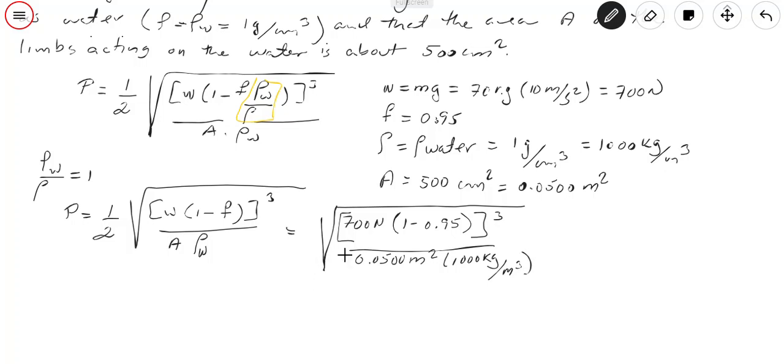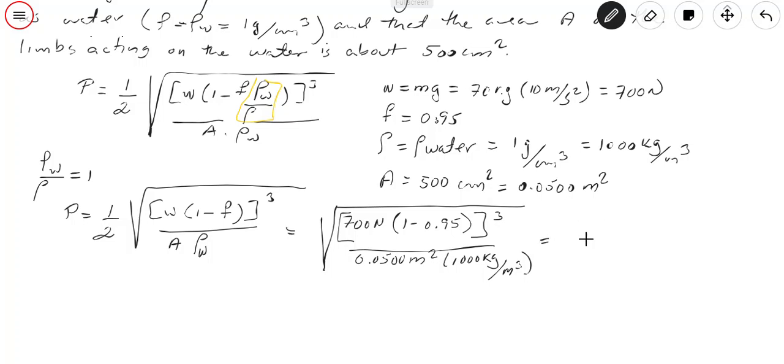If we are working with kilograms, newtons, meters, the unit of the power would be watts, or joule per second. So let's do the calculation.